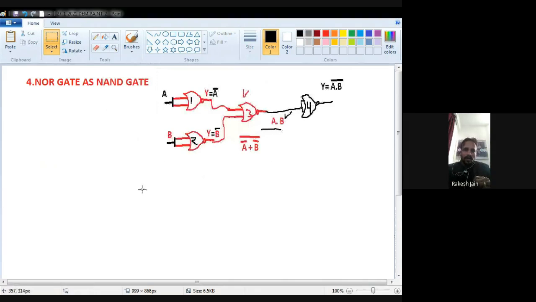Now I am going to realize the NOR gate first as a XNOR gate and then XOR gate. Why? Or first see the XOR gate and then XNOR gate. First of all, just see the XOR gate, NOR gate as a XOR gate.